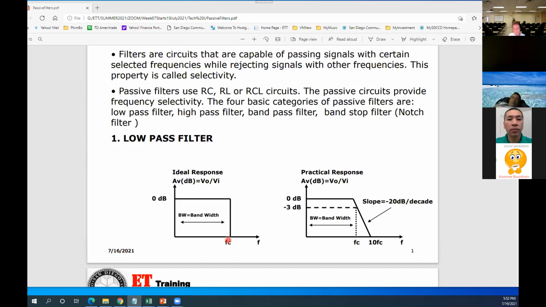Critical frequency. What else? Cutoff, critical frequency. Oh no, what else? That's what you must memorize. Okay? If you interview for a job, you have to answer.